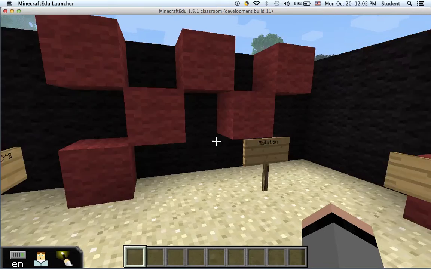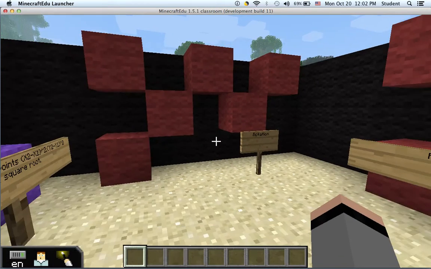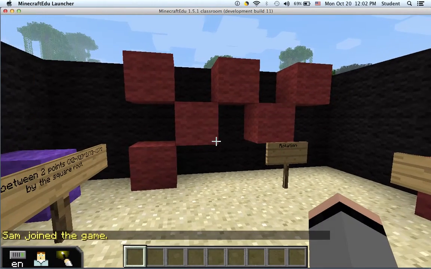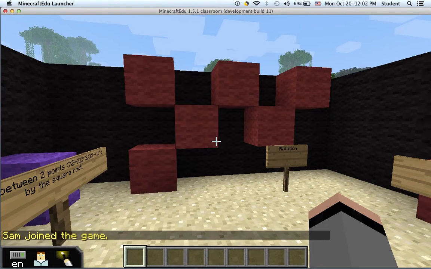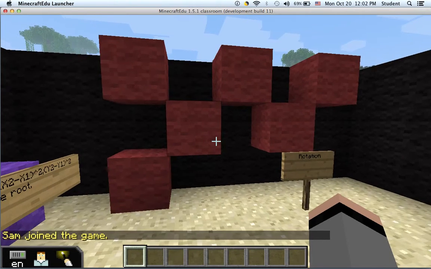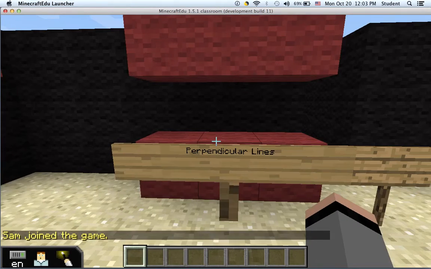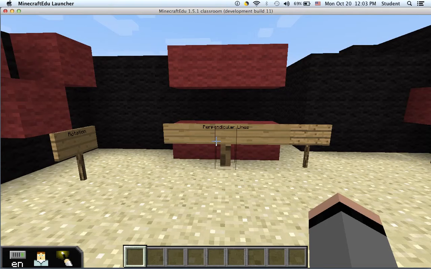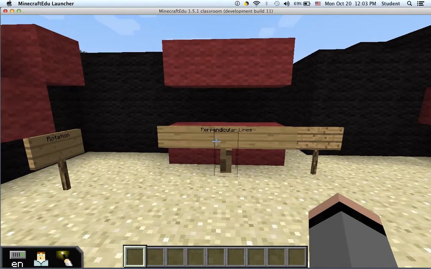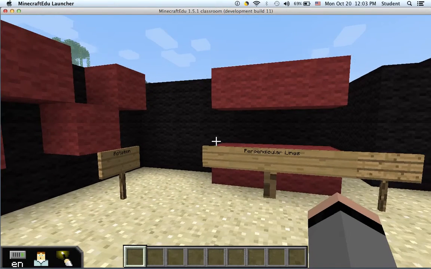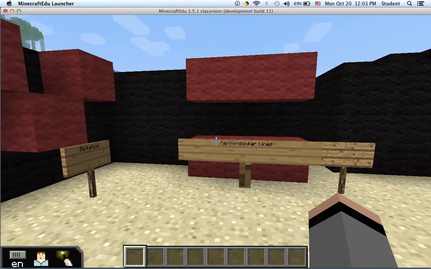So basically, there's no x and y axis on this one. It just shows the rotation. You can start on the left side, or right side rather, because you're going counterclockwise, and you rotate the image. Then here you have perpendicular lines. So you have two lines that are perpendicular to each other, or parallel, you could say sometimes.